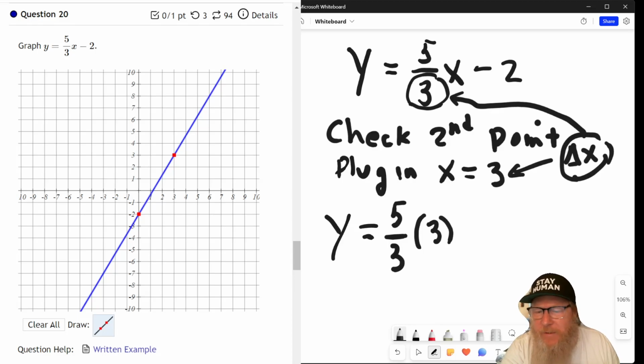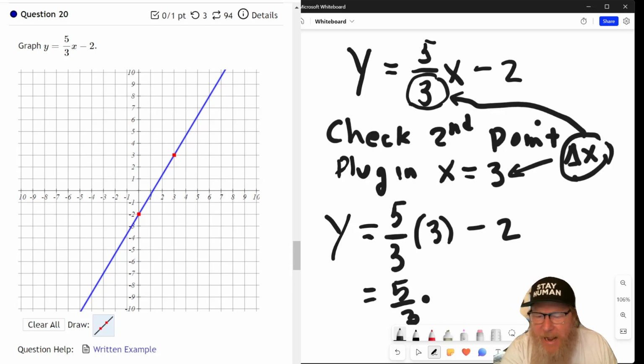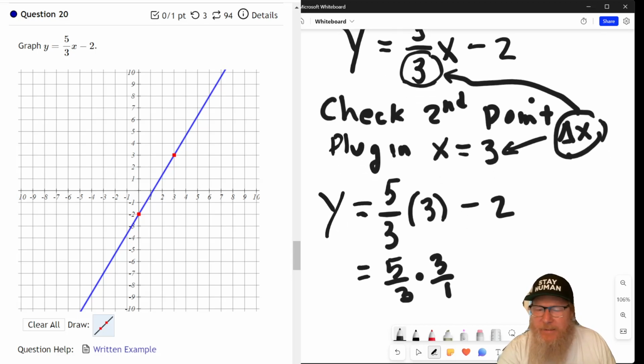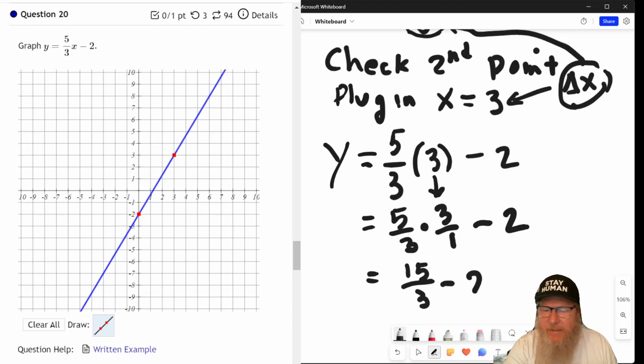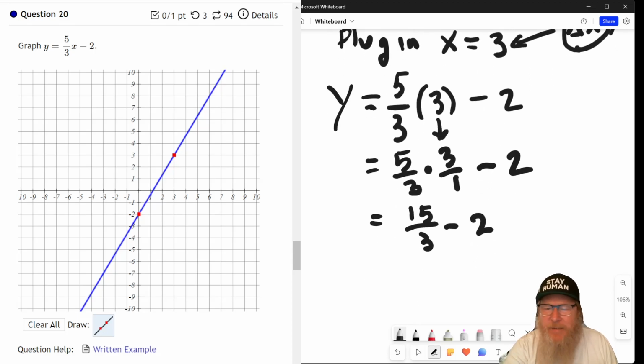Now, make sure that when you plug it in, you don't put it in the denominator. It's a fraction multiplied by a whole number, which actually means you're multiplying two fractions. All right? 3 is actually 3 over 1. So that becomes 15 over 3, which just goes right back to being 5.